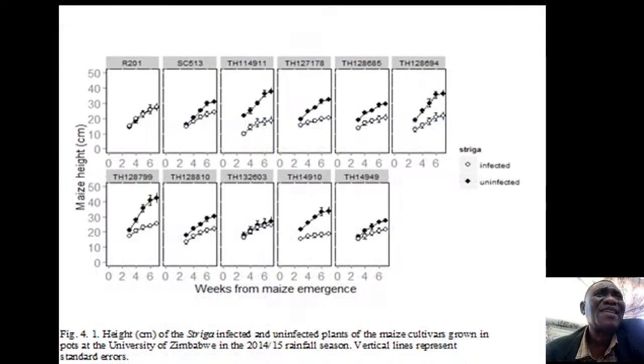Here I'm showing you the separation of, if you look at these graphs, where there are big gaps between infected and uninfected, it means the genotype is susceptible. Just look for R201. You can't separate the lines, which means R201 is very tolerant to Striga infection.